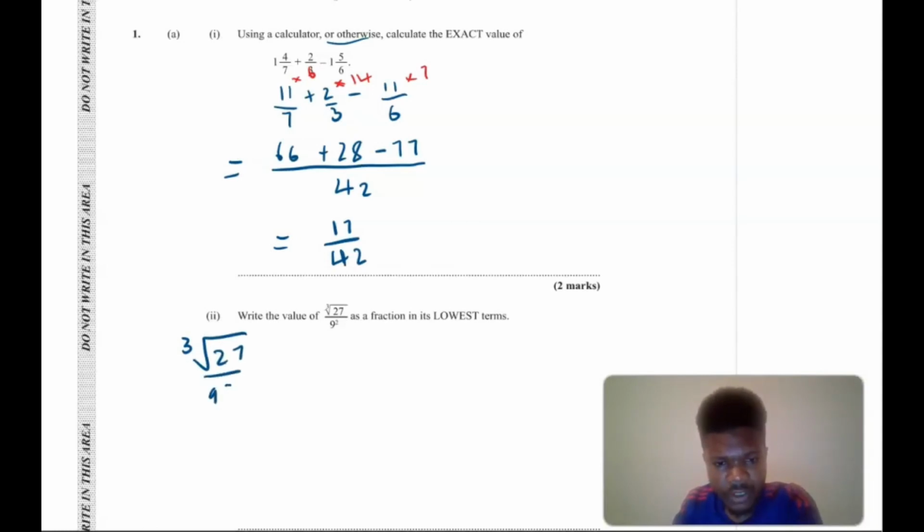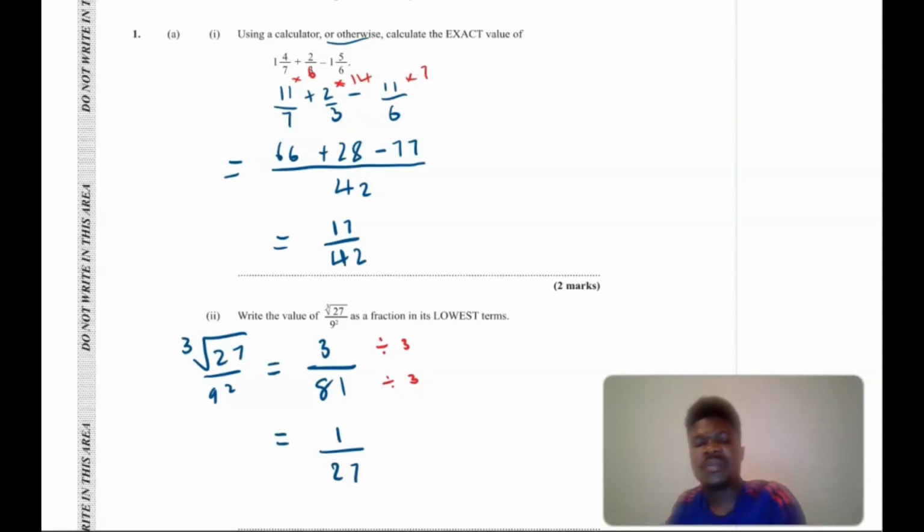Which number multiplied by itself 3 times gives us 27? That number is positive 3, and 9 squared is 81, 9 times 9. Now we can simplify this by using 3 itself. Divide both the numerator and denominator by 3. 3 into itself goes 1 time, and 3 into 81 goes 27 times. And there we are in the simplest form.